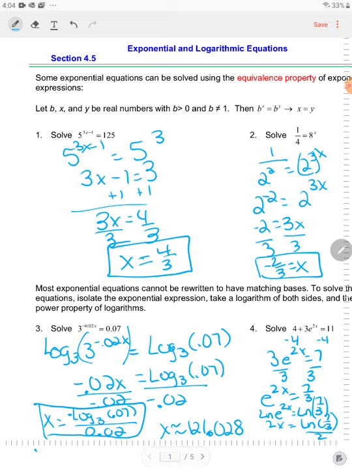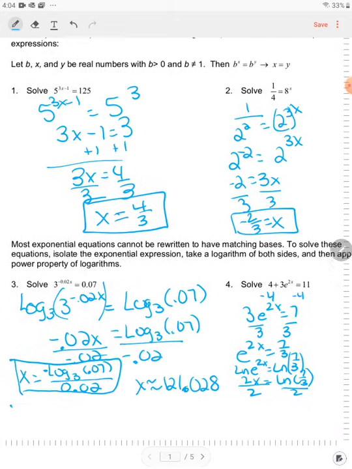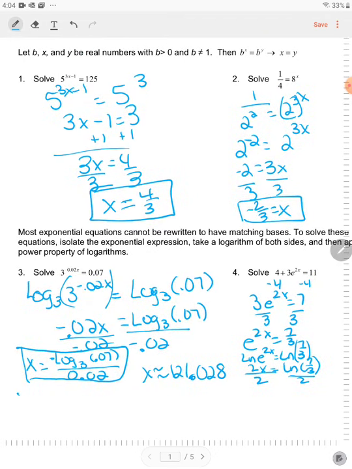Then we're going to divide by 2. So you get x is equal to ln of 7/3 divided by 2. And again, that's your exact answer.